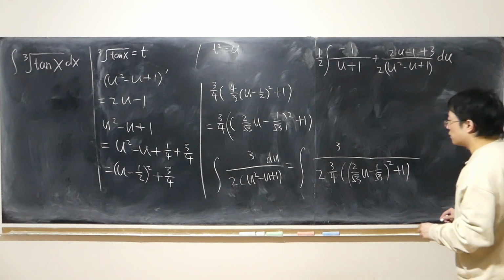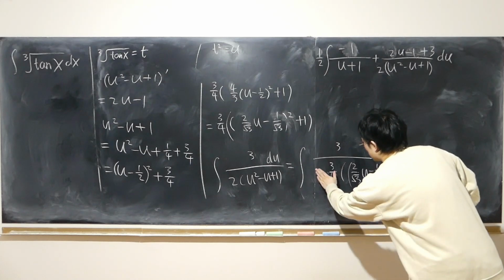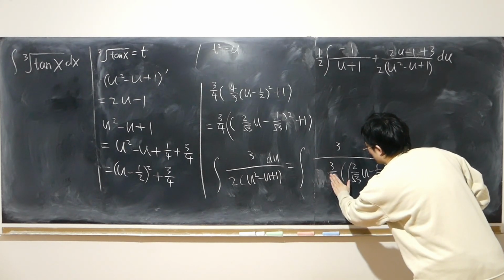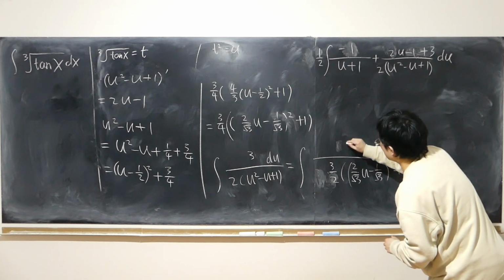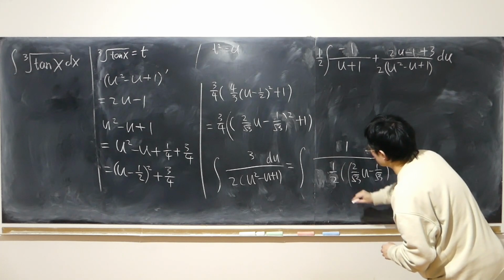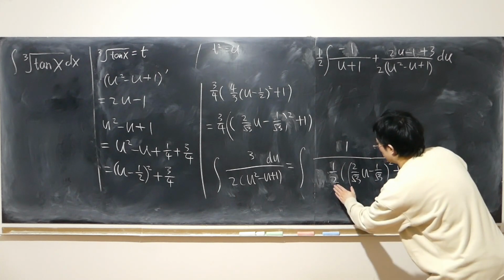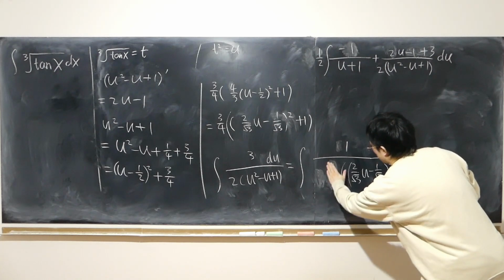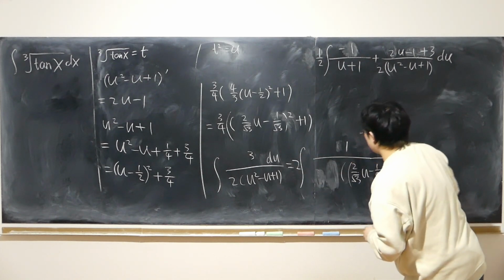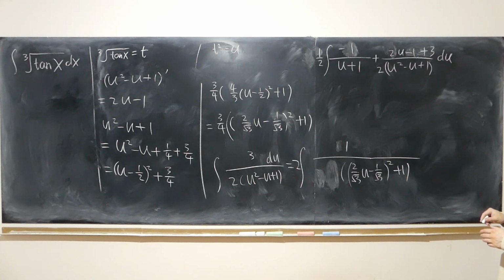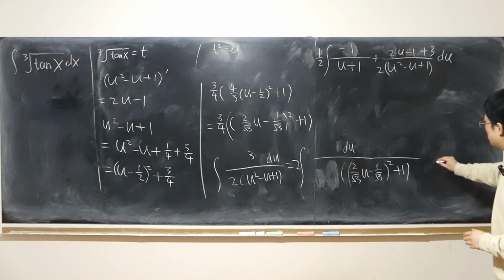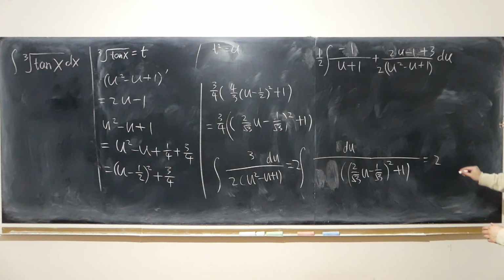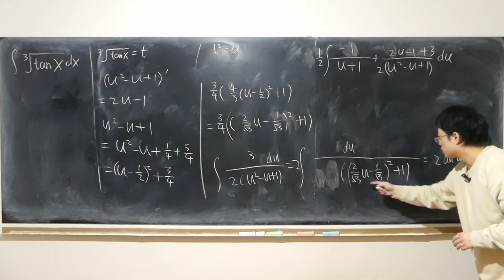The 3 cancels with this 3, so 1 over 2, flip that up in here, du. What is that? It's 2 times the arctangent of this whole bit.